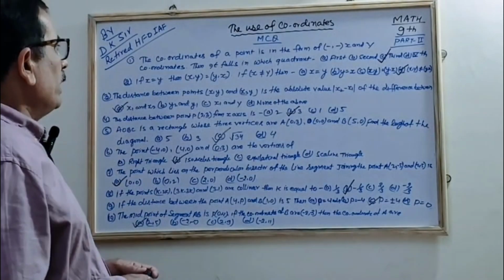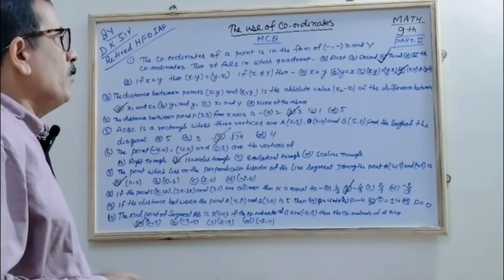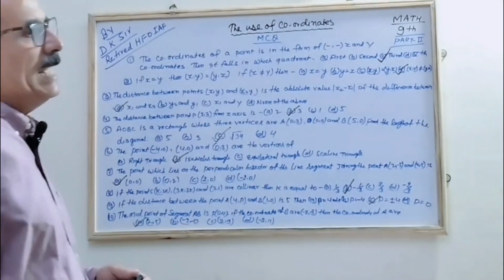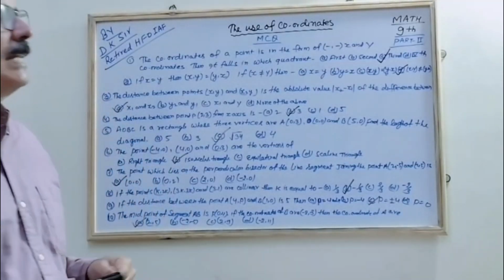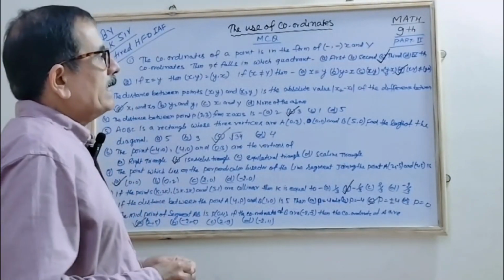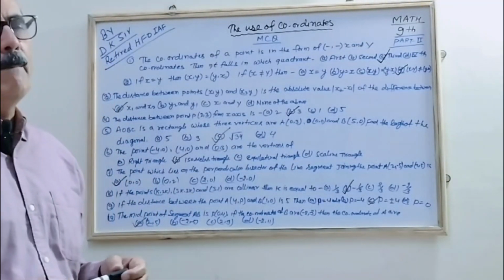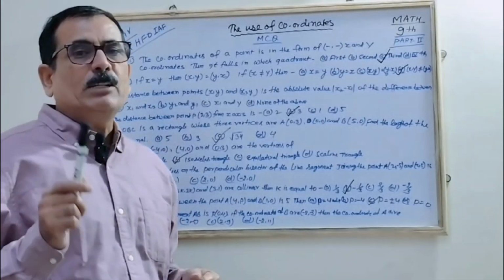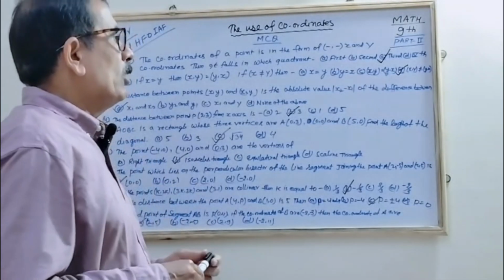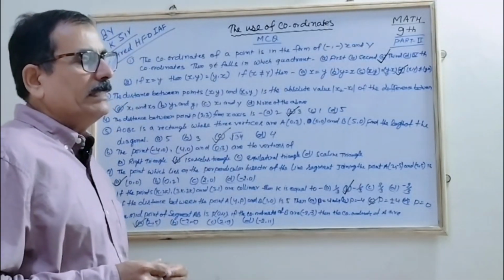The coordinates of a point is in the form of minus and minus. Means there are two coordinates, x and y, and both are minus. Remember, the x coordinate is said to be abscissa and the y coordinate we call the ordinate. Correct?